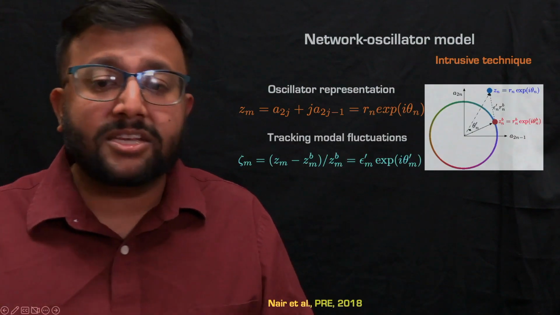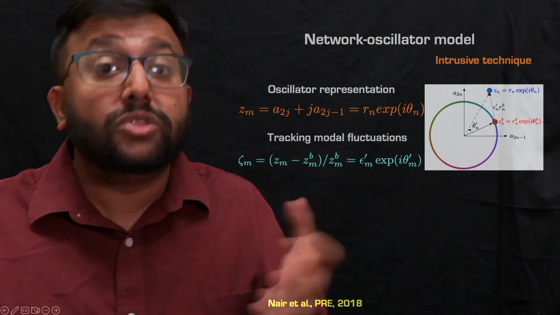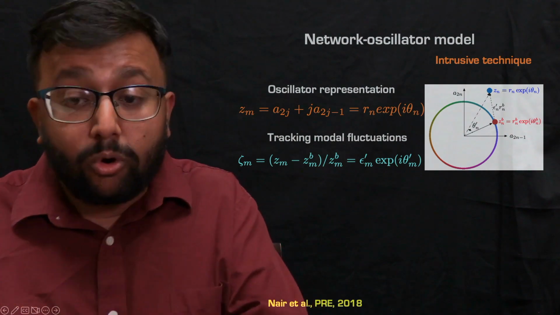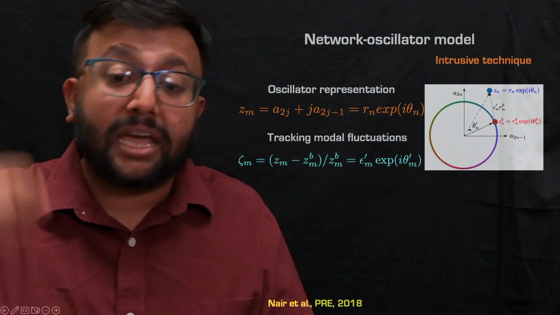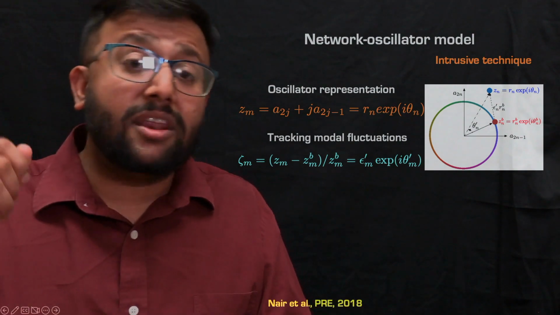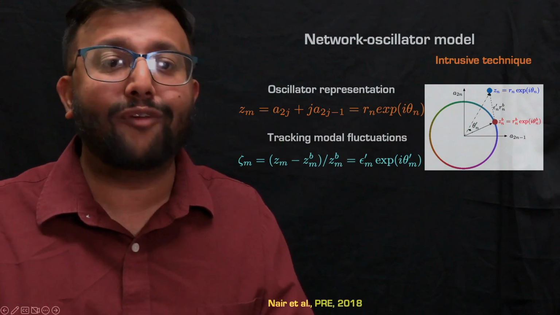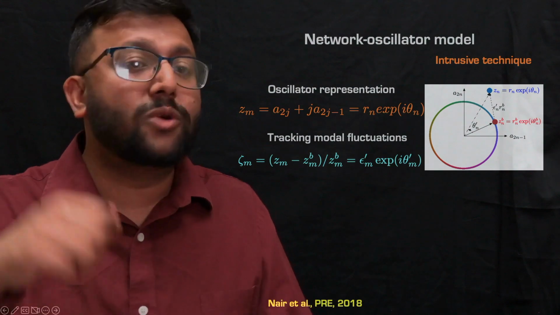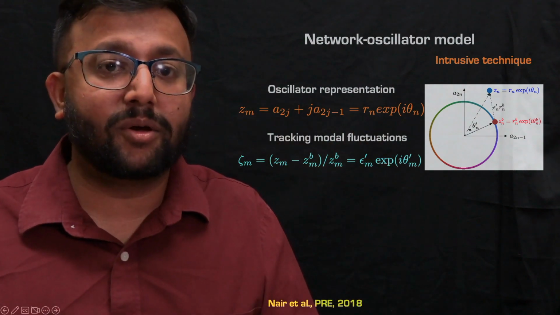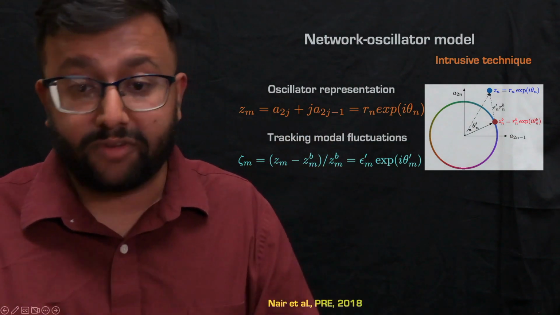Now, once we define these oscillators, we can track the impulse perturbations that are introduced to these oscillators. What we do is track what is known as the normalized modal fluctuations that are induced because of the introduced impulse perturbations. We can track these modal fluctuations exactly because POD modes are orthogonal, so you can just take an inner product of your realization of the flow with the POD modes, and you can exactly track the changes happening in these temporal coefficients.